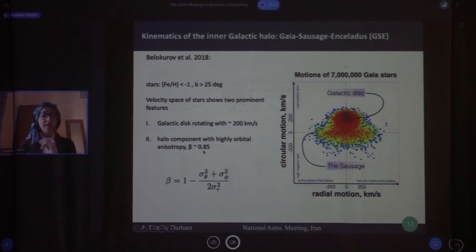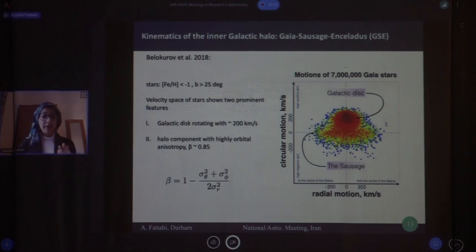It's quite radial. In this beta parameter, 1, because of its definition, means fully radial, 0 means equal motion between radial and tangential, and circular velocity is essentially beta of minus infinity. But beta of 0.85 means it's quite radial.